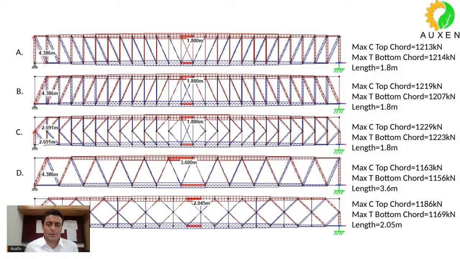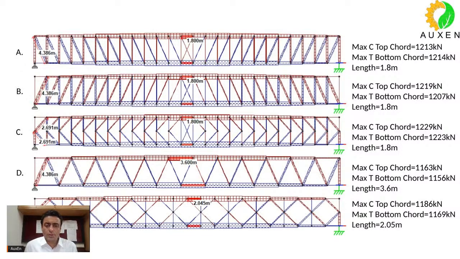So what I'm trying to tell you is that chord forces are same, then what will be the governing criteria? The governing criteria will then become the length of member. Why does length of member become the governing criteria? Because if your member is long, then the slenderness ratio will be high and the compression capacity will be less.